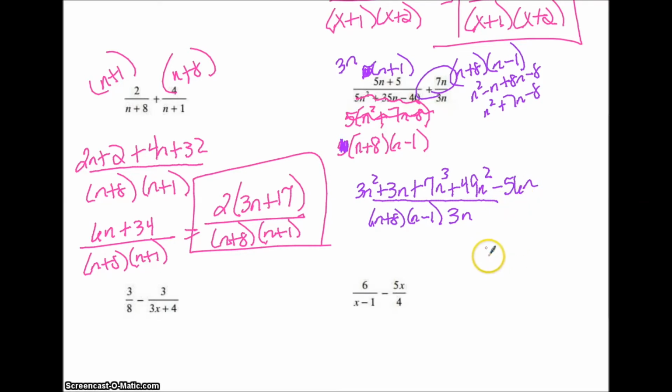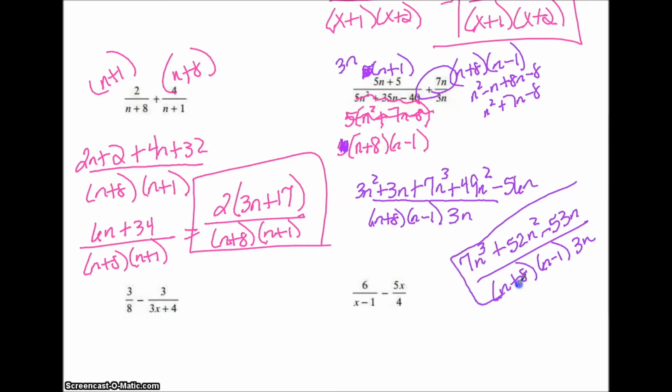So combining like terms and decreasing the order of n, 7n to the third plus 52n squared minus 53n all over n plus 8, n minus 1, and 3n. It looks really, really weird, but that's your answer.